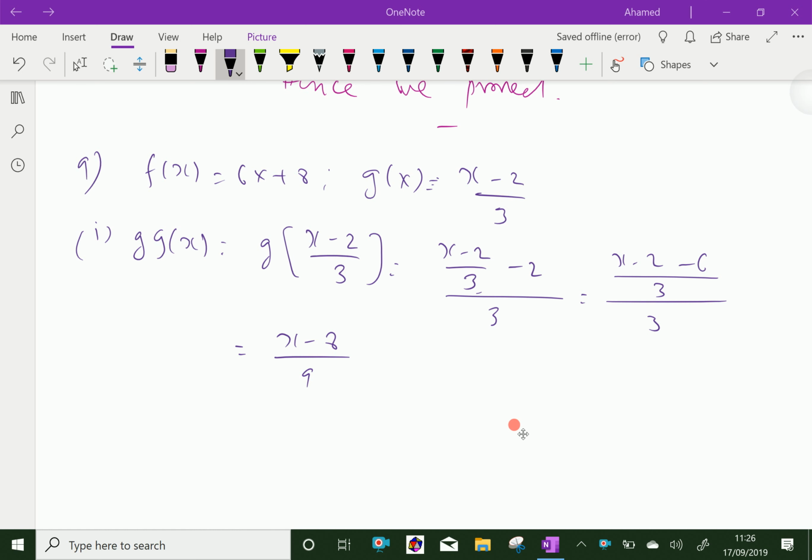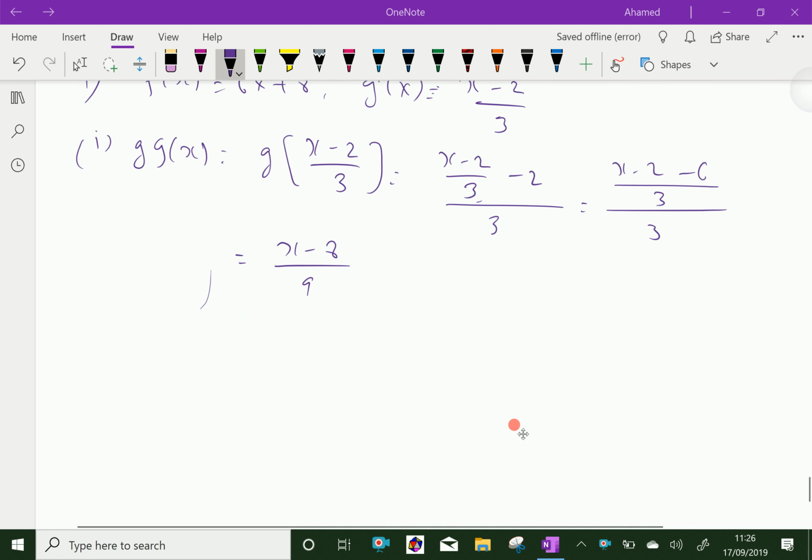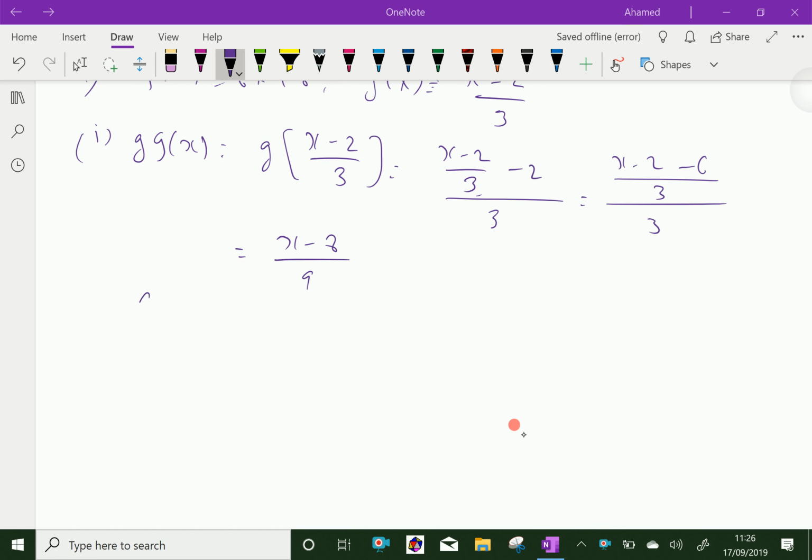Next, here is g of g of x we will find. Therefore g of g of x is x minus 8 over 9. Now we will find g of g of 2. Then substitute x as 2, that is 2 minus 8 over 9 equals minus 6 over 9.